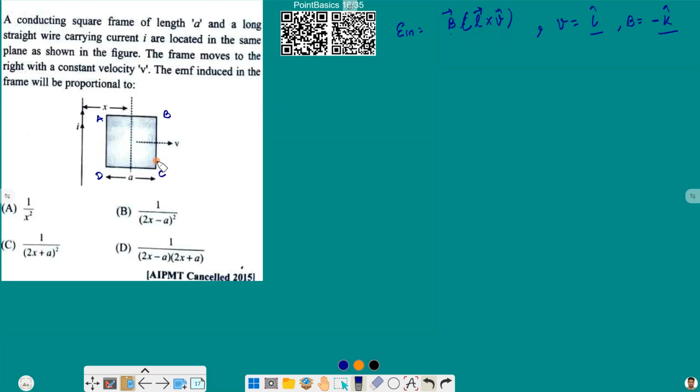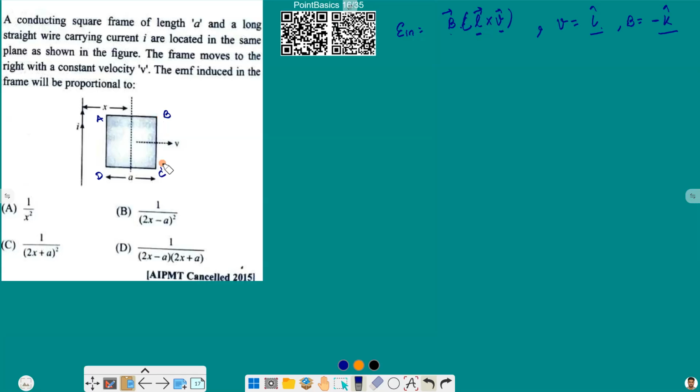Similarly for CB, we will again have a value of induced EMF. But in case of AB, the length is in the positive or negative x direction. If the length is in the x direction and the velocity is also in the x direction, the cross product of both will give us 0. Means in side AB and in side DC there will be no induced EMF. Induced EMF will be there only in side AD and side CB.